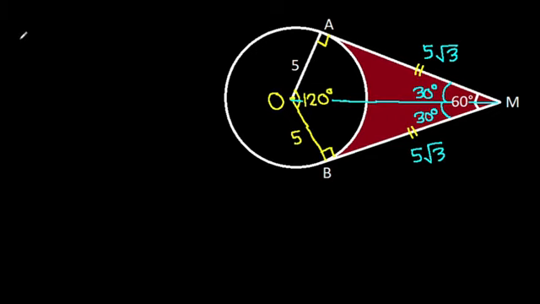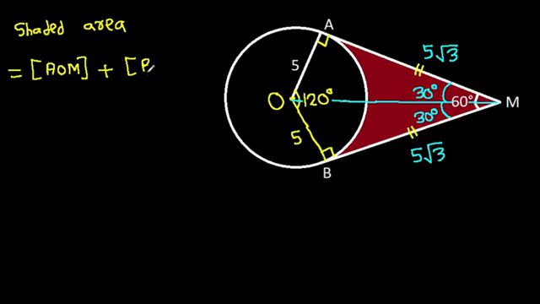and now the shaded area will be equal to area of AOM plus area of BOM minus area of sector AOB.